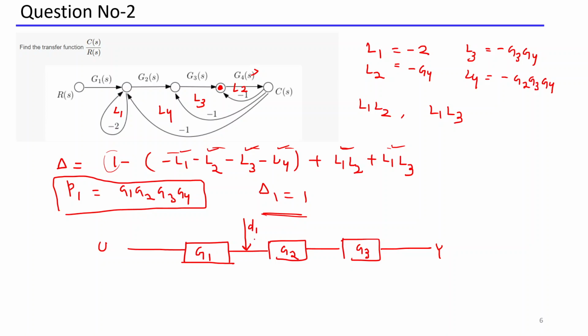And one feedback is coming at this point, negative feedback, minus 1.